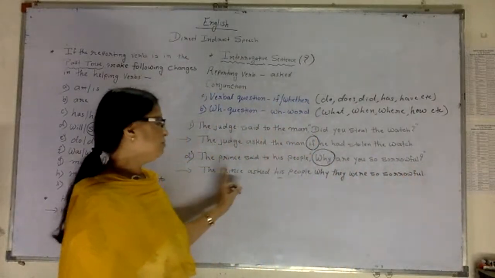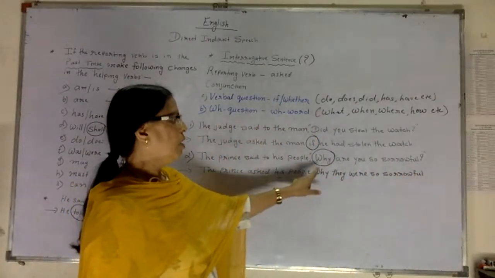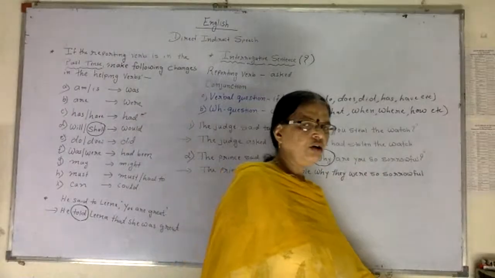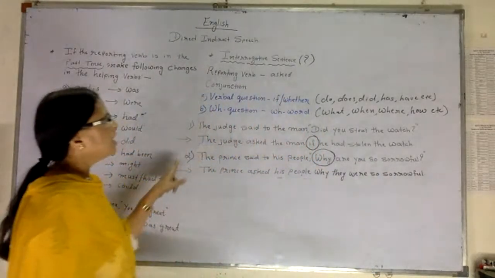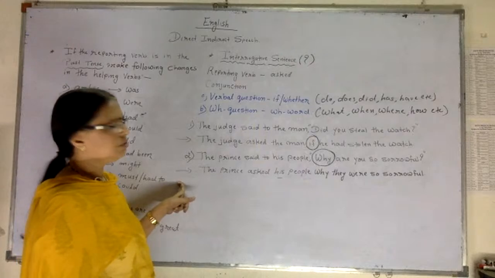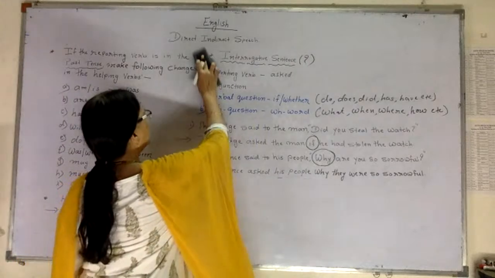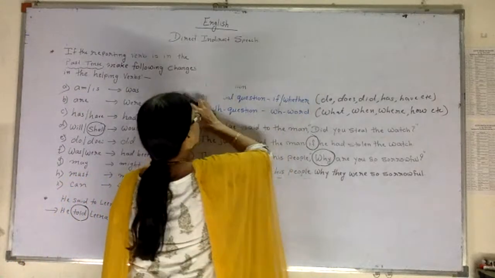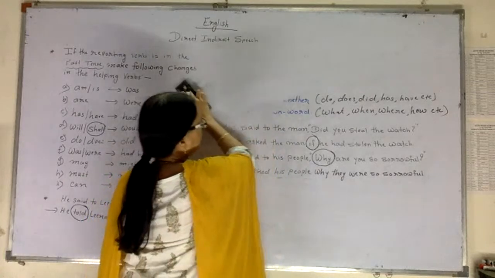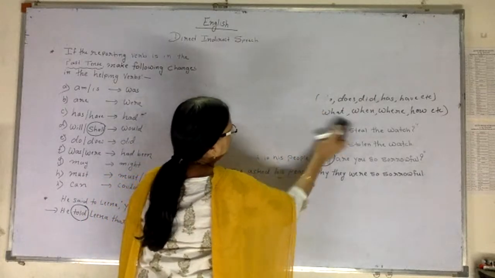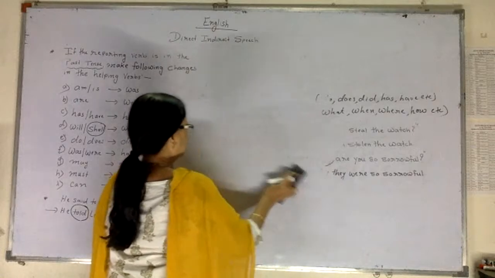It will change to the prince asked his people why they were so sorrowful. We have done with the interrogative type. Which type of sentence is remaining now? We still have to do the exclamatory sentence as well as the imperative sentence.